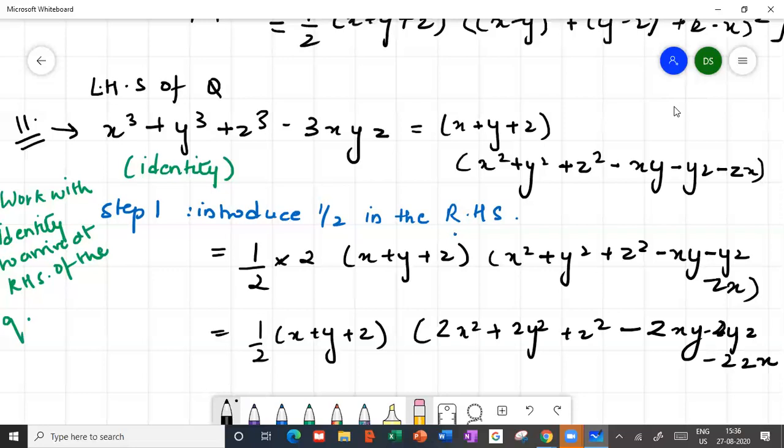Correct. Okay, so bring these terms together.